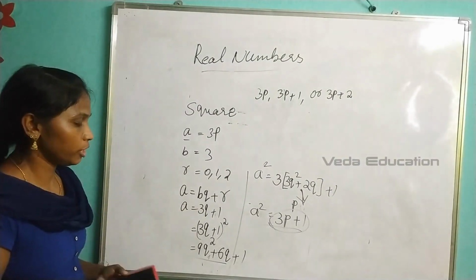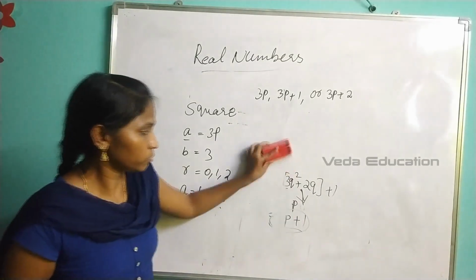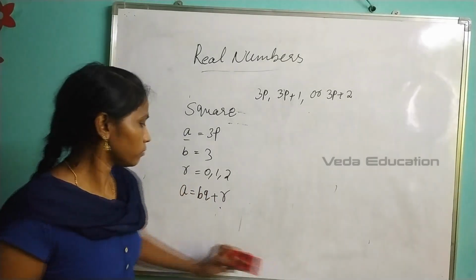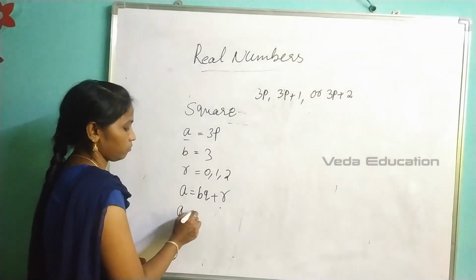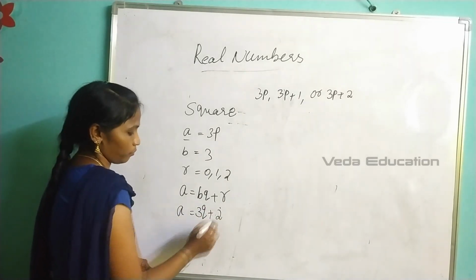Okay. Now substitute 2 in place of r: b is 3, so a equals 3q plus 2.